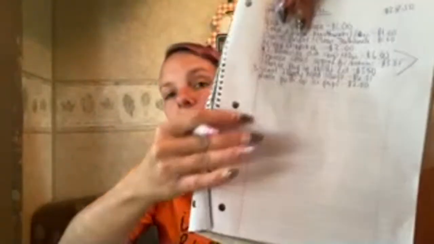Then down here is where I write out my coupons. So then we've got Vicks, which is $1. Crest, $1. Oral-B, $1.